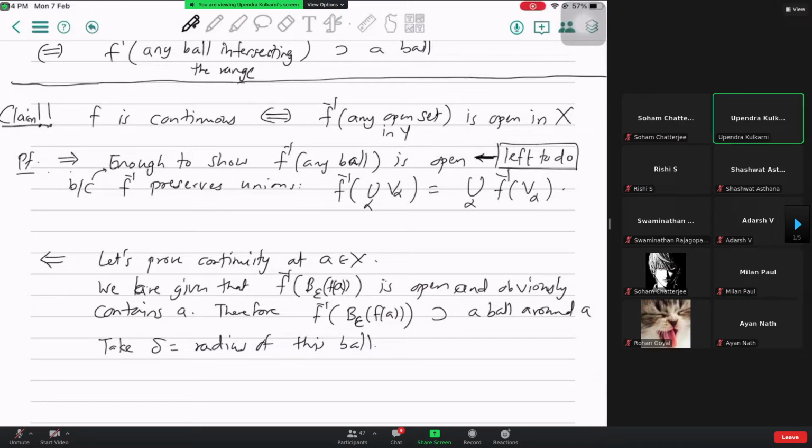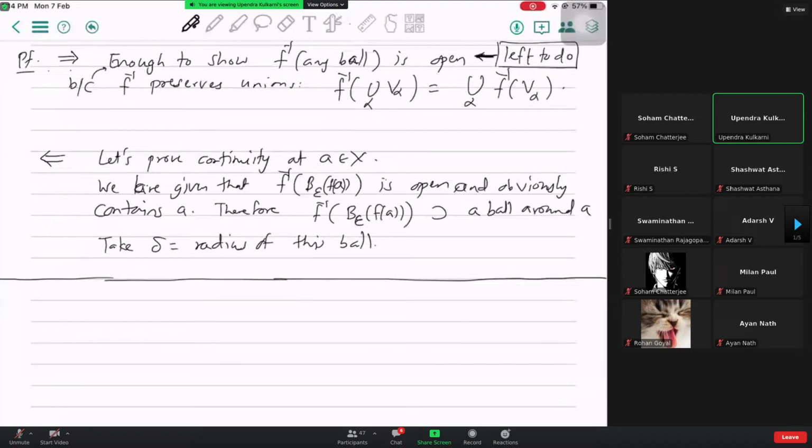Okay, so which one? So how shall we do this? I'm given a ball in the target, and I want to show that its inverse image is open. Any ideas? So let's draw a line over here and maybe draw some pictures.